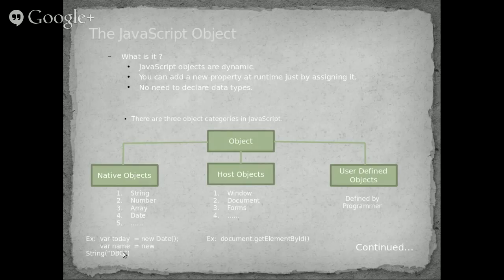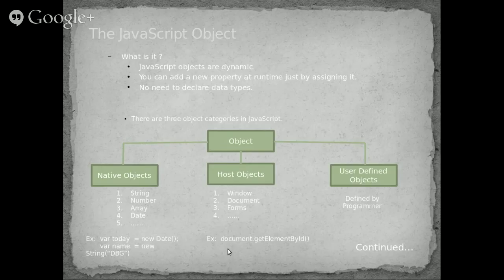Host objects are actually provided by the browser engine to the JavaScript engine when a page is loaded. That is why we can use the document.getElementById method to fetch an element from the HTML document. How many of you know that?